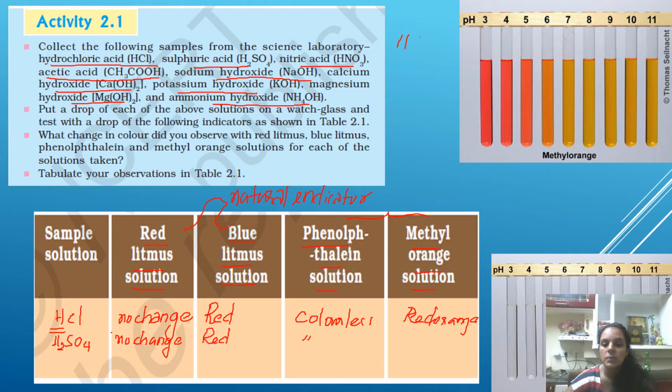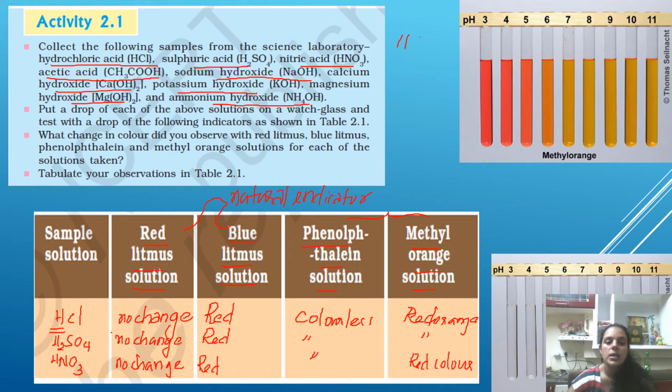Methyl orange solution is also red orange color. And moving to nitric acid, that is HNO3. Since it is an acid, red litmus solution, there is no change. Blue litmus solution changes its color to red. Phenolphthalein is colorless, and methyl orange solution is red color itself.